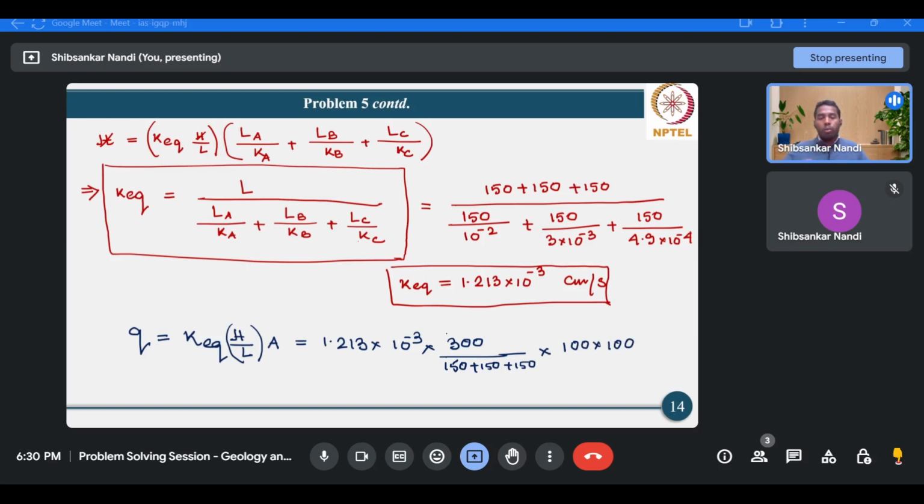So please note that this hydraulic conductivity, equivalent hydraulic conductivity we have obtained in centimeter per second, whereas this A is in millimeter square. So that's why you have to multiply it with 10 to the power minus 2 to get it in centimeter square.